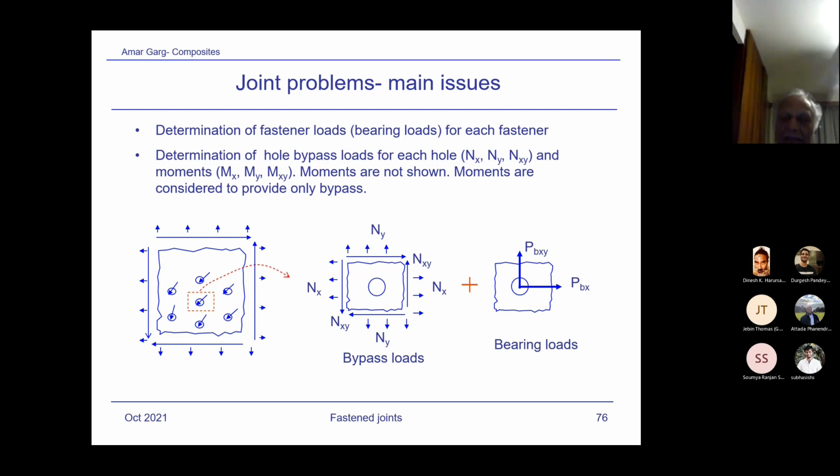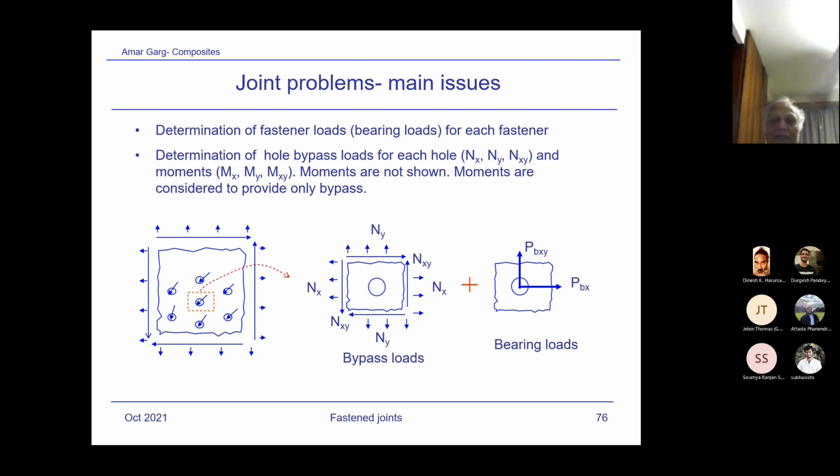And in metallic structures, for static, usually we do not consider the interaction. But for fatigue, of course, in metals also interaction of the bearing and bypass is considered in order to determine the fatigue life.